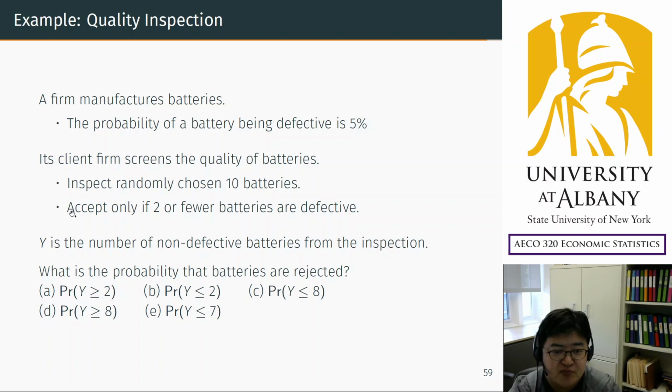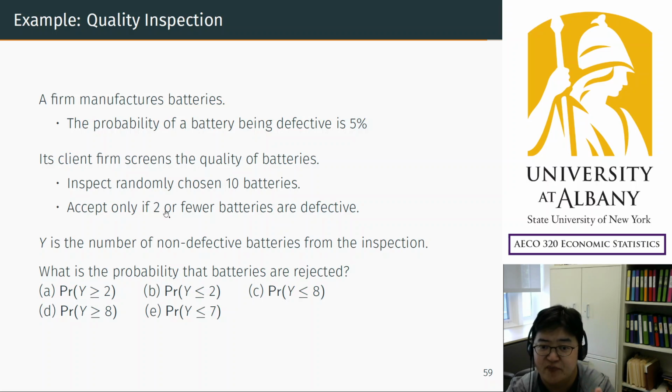Remember, you accept only if 2 or fewer batteries are defective. But we are counting non-defective batteries, so you have to change this. Equivalently, you accept only if 8 or more batteries are non-defective, right?